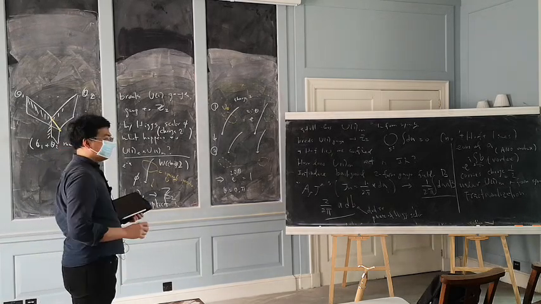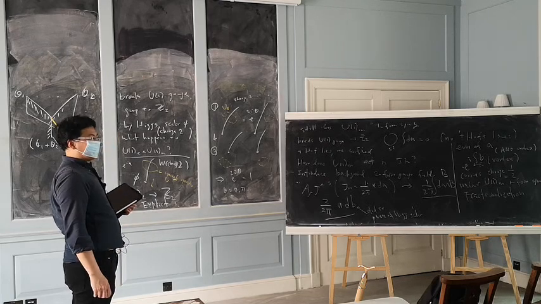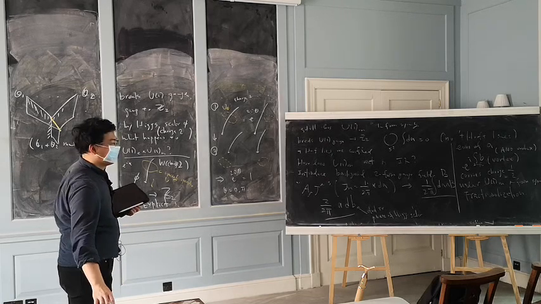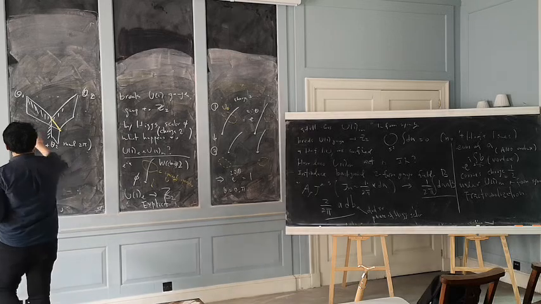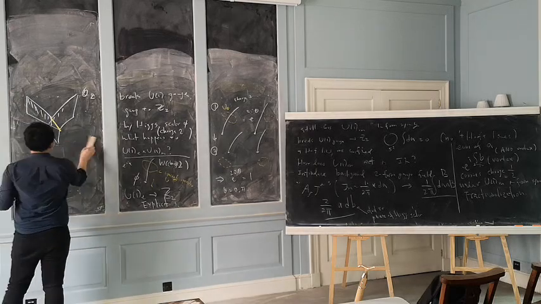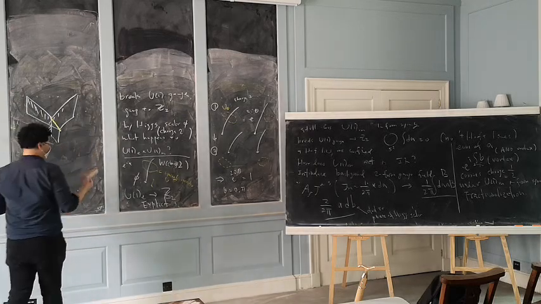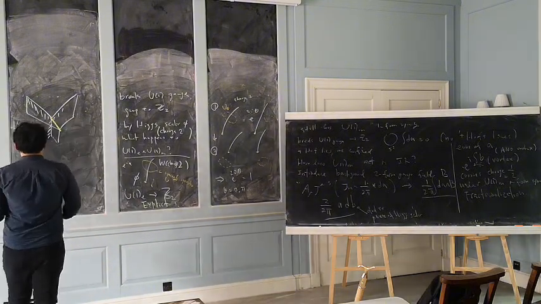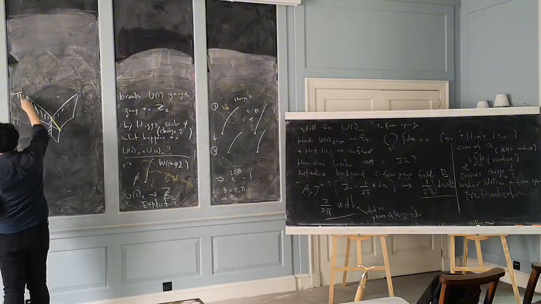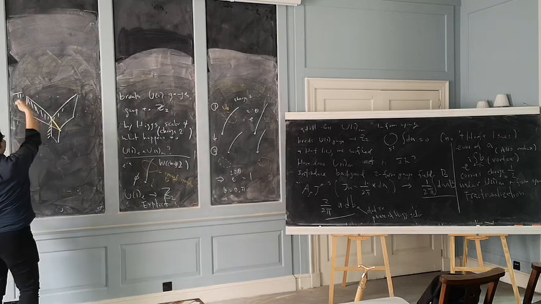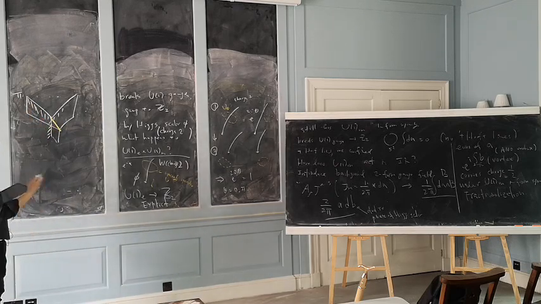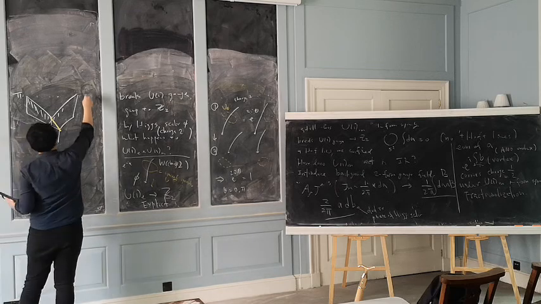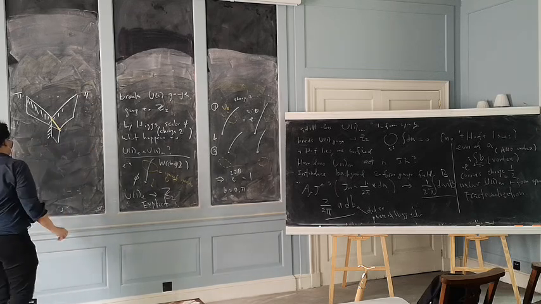Okay, so let me be concrete and give you a particular example of transformation. Let's say this surface implements the pi transformation. It does not have to be pi, but let's just put it to be pi.